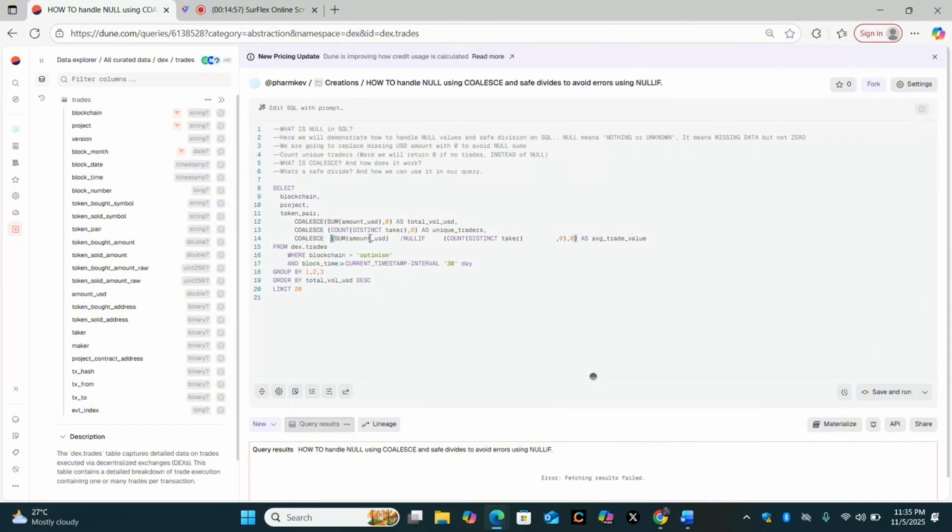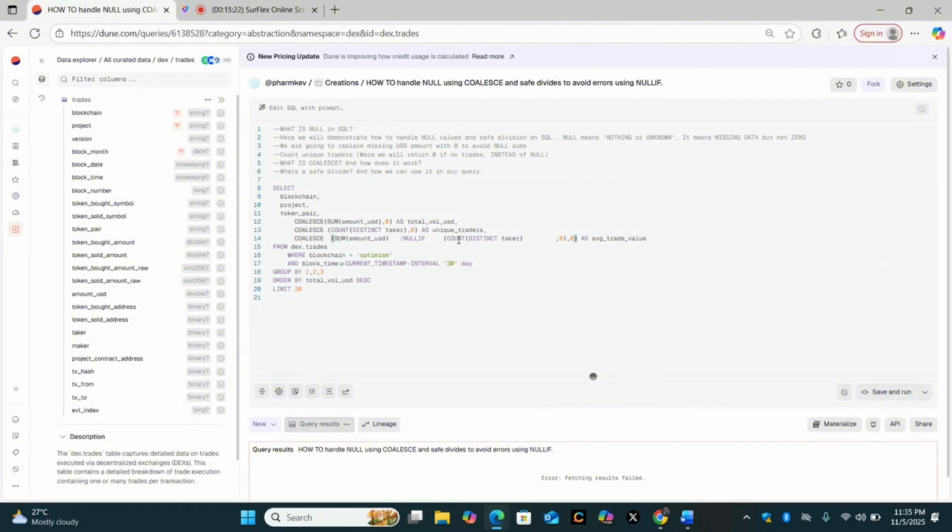But the main subject to this result we are about to get now is dependent on this and this. That is dependent on the total volume USD and unique traders.